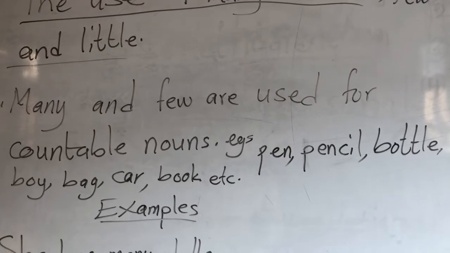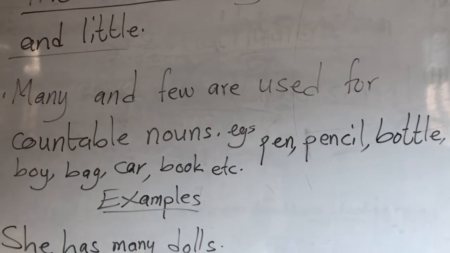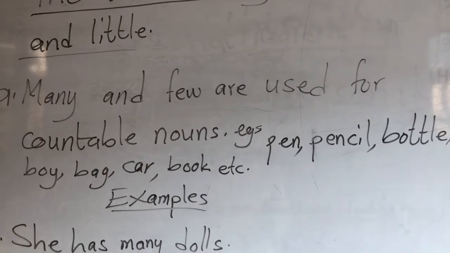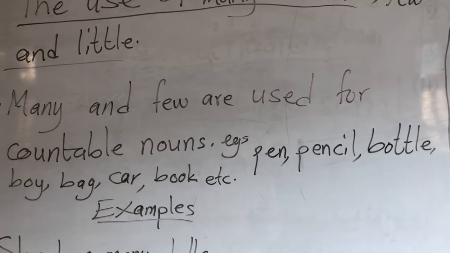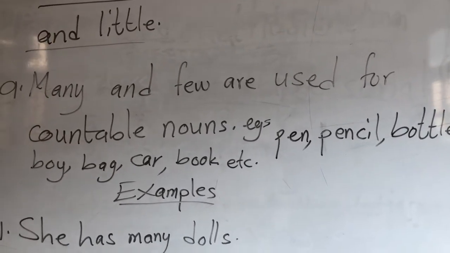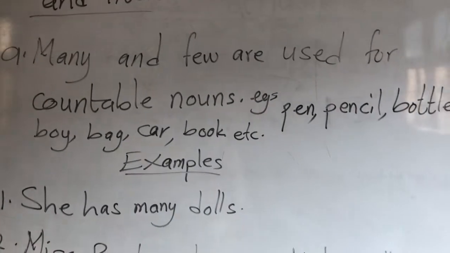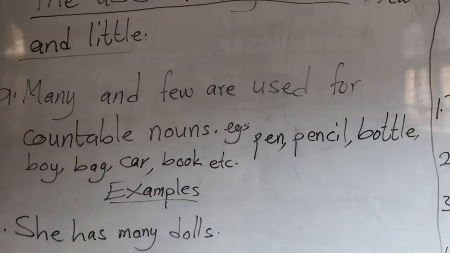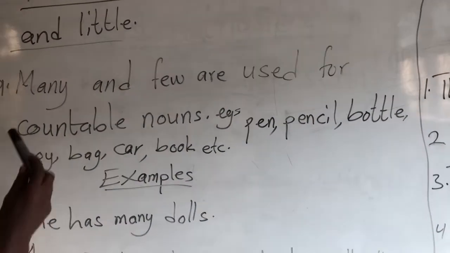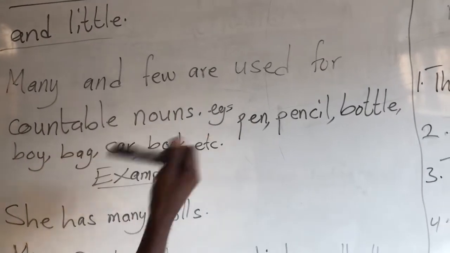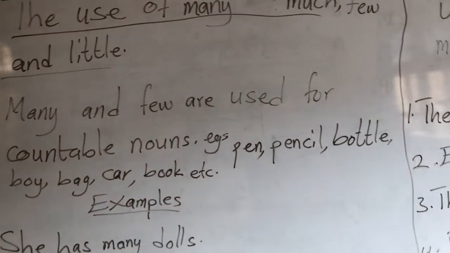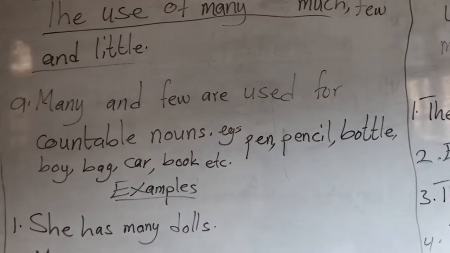Just look around your environment, in your room or in your house, and bring out names of things that can be counted. There are many at your home. I hope you can do that. So those things, those countable nouns, we use many and few for them. Very good.